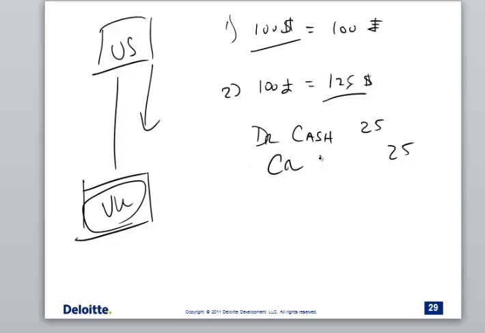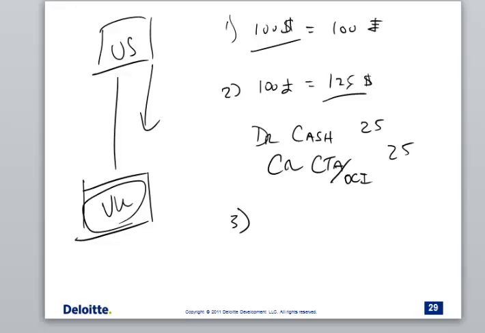And this will be CTA or OCI or both. CTA is a component of OCI, which is equity. So we just had 25 more cash because the currency rates moved in our favor in this example.